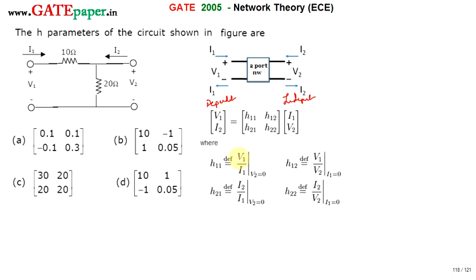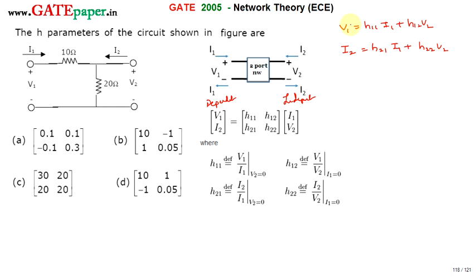H11 is defined as V1 by I1 with V2 equal to 0. That means V1 can be written as H11 I1 plus H12 V2, and I2 can be written as H21 I1 plus H22 V2.